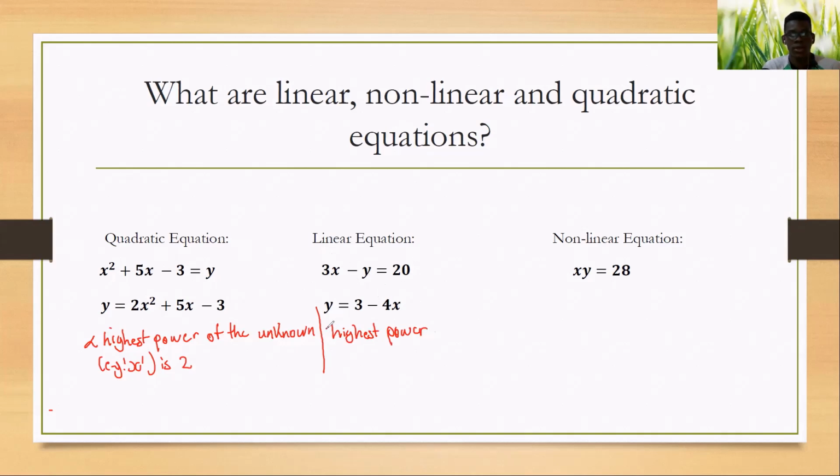If you want to put it like that, x has no power. You can write that down, however it is you want to remember it. But the highest power of x is 1, right? I'm saying x, but it's your unknowns.